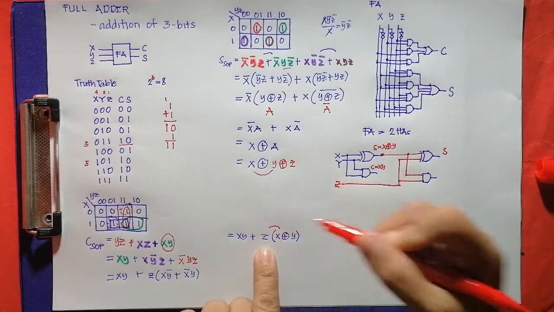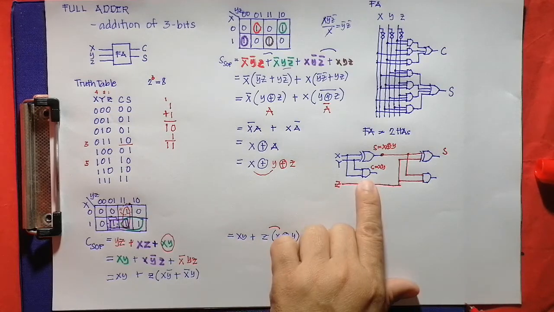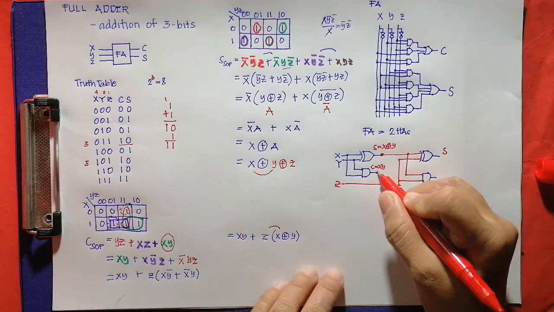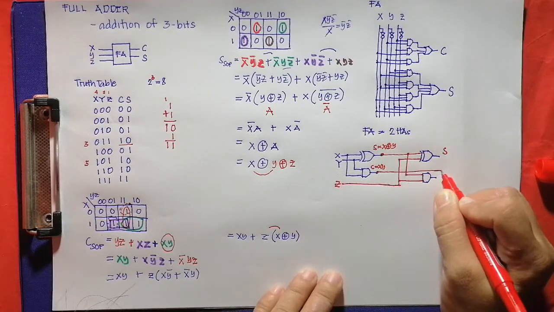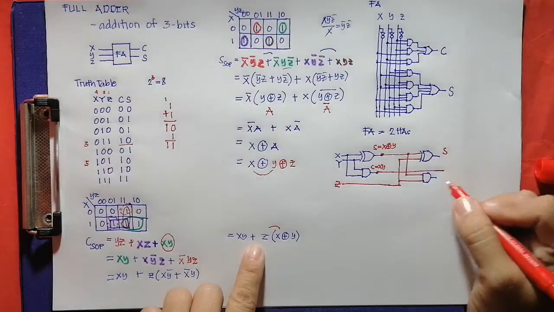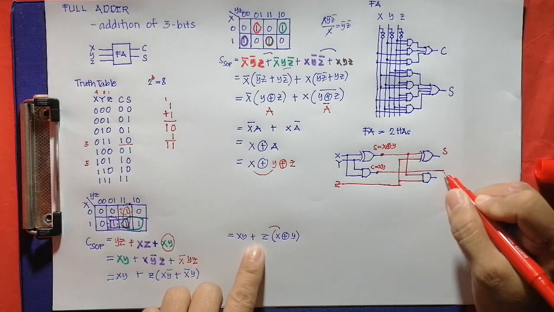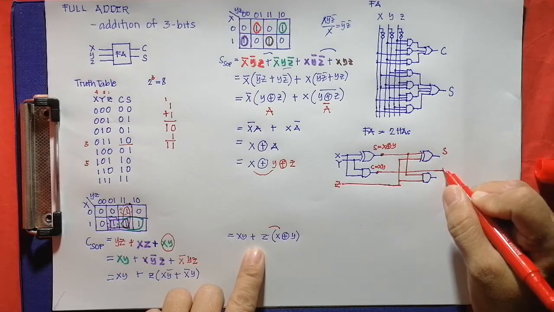So these equations in here. Then we have xy. So I have here xy. So let's connect this one. And, okay, we have xy OR gate. So we have here an OR gate.